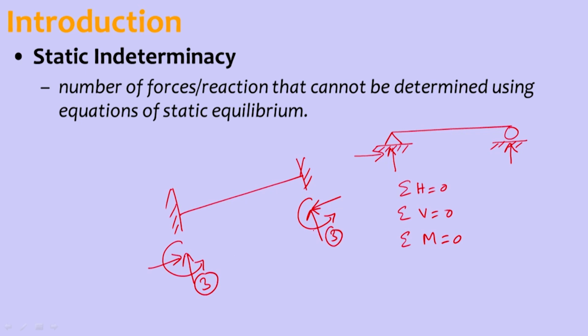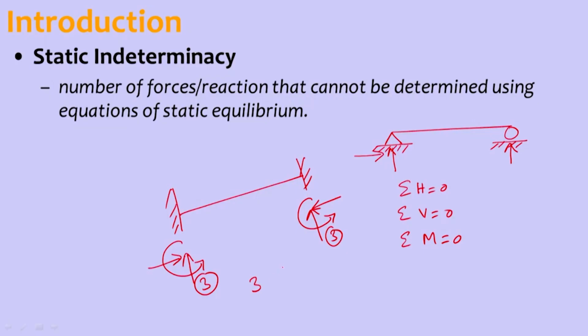A total of 6 unknowns are there, but we have only three equations of equilibrium: three equations, 6 unknowns. So this is a statically indeterminate structure. This is called static indeterminacy, and the degree is 3.